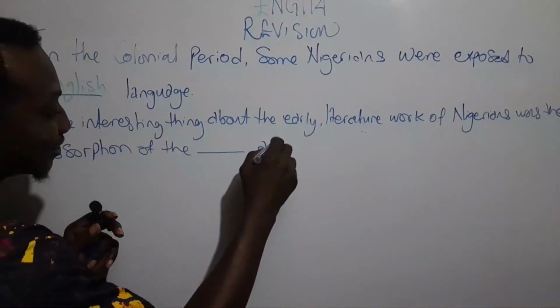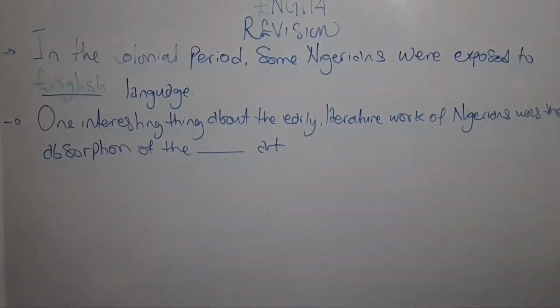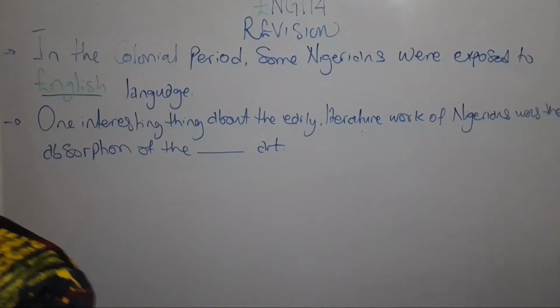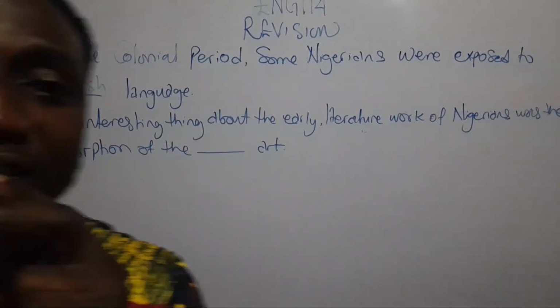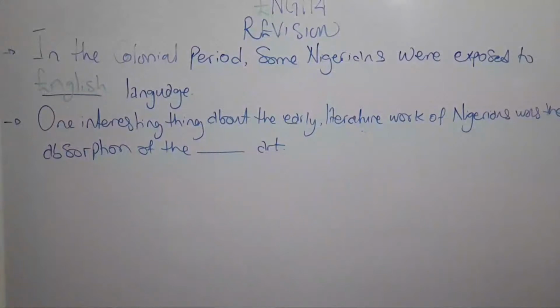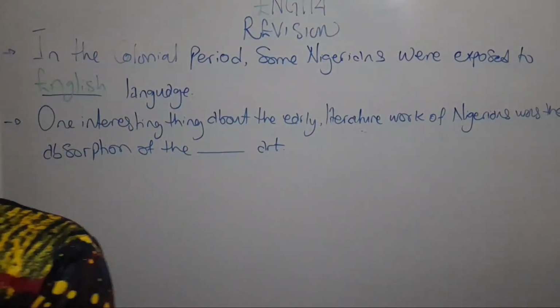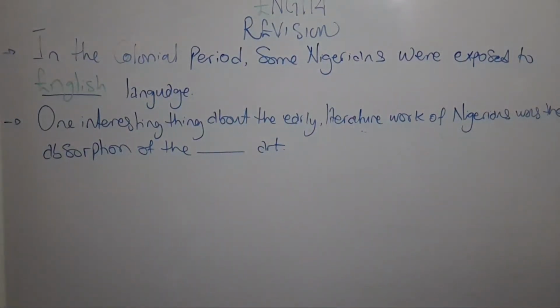Now, if you remember our very first class on the course, we said something about the contact with these colonial masters, getting to understand English, gave a lot of Nigerians the opportunity to begin to write literature in English language.